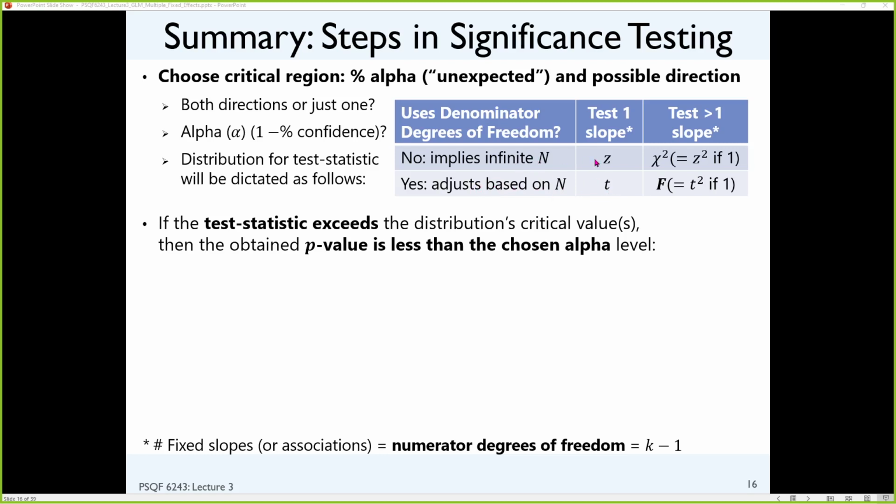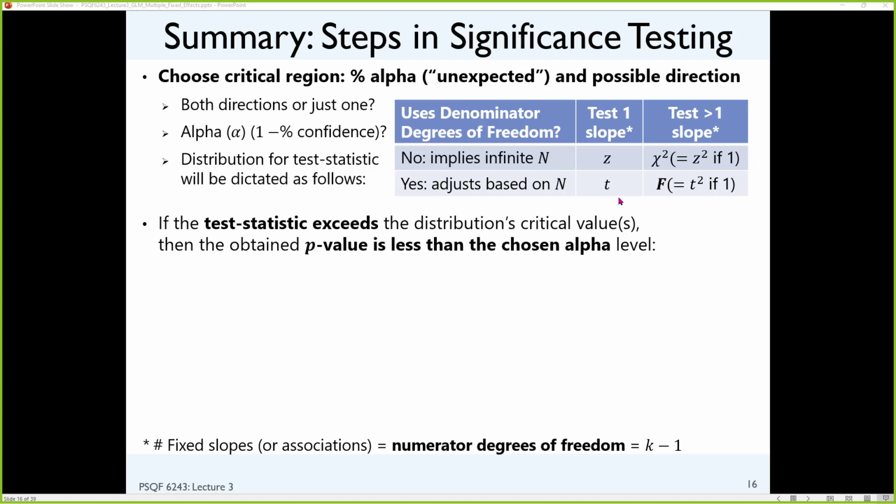If I have a sufficiently large sample, or I have known population variances and other things that very rarely happen, then I would use z instead. T with a big enough sample size becomes z. So that's why it's always t, because it doesn't really matter at some point. It matters if you have small samples. So t is sort of baked into all the software for general linear models.